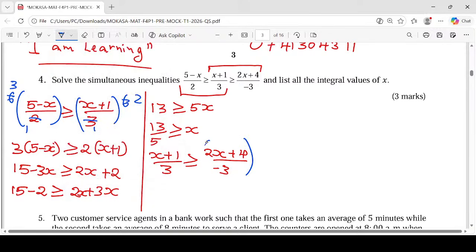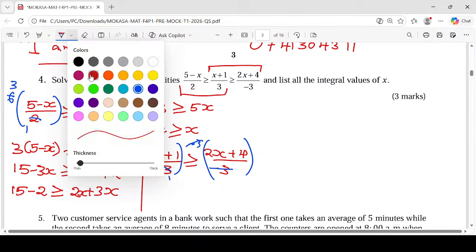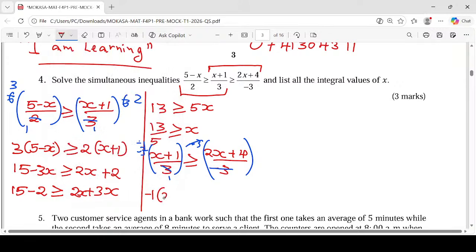So you multiply this part by negative 3, and also this one by negative 3. 3 into negative 3 is negative 1. So this one and this one will cancel, and I'm going to have negative 1 into (x plus 1) being greater than or equal to 2x plus 4, because negative 3 and negative 3 cancelled out.